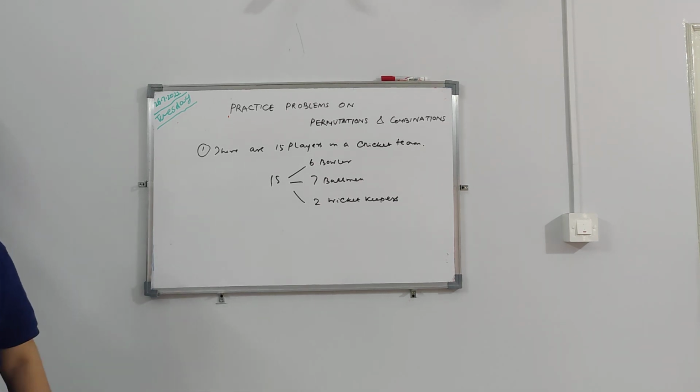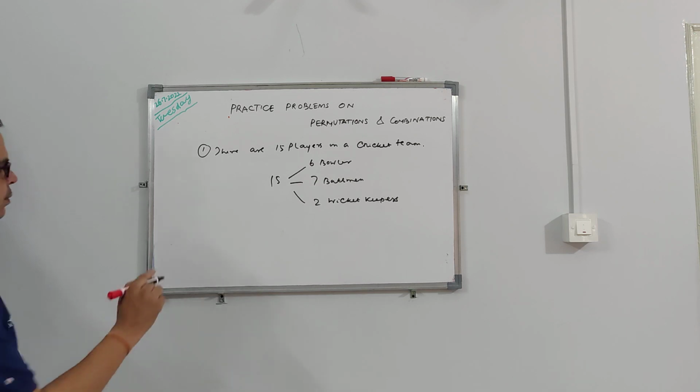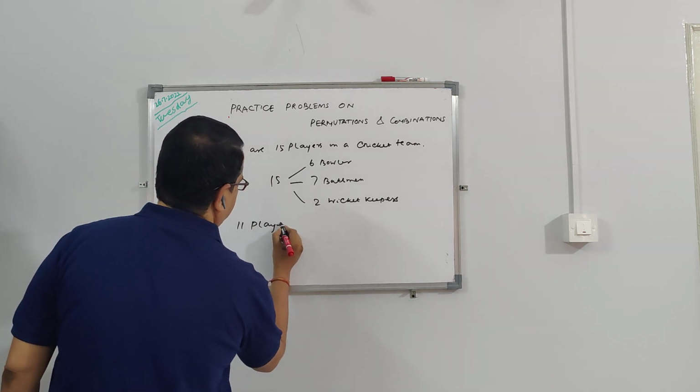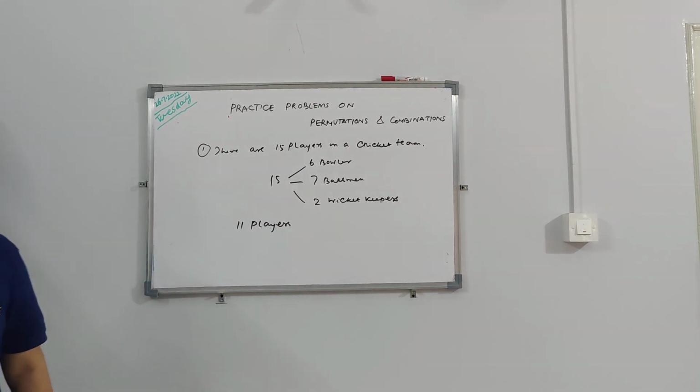The question is, in how many ways can 11 players be selected from them, so as to include at least 4 bowlers, 5 batsmen, and 1 wicket keeper.